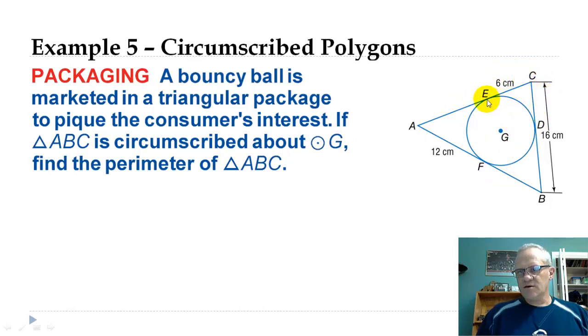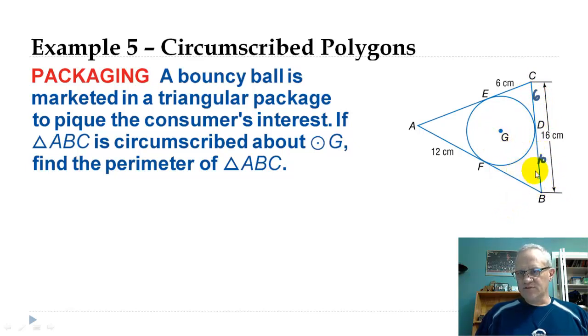A tangent line going out to a common point. What do we know about these two lines? They're congruent, right? If this is 6 centimeters, this will be 6 centimeters. So if this has to be 6, it tells us the whole thing is 16. So if this part right here is 6, what has to be left? 10.